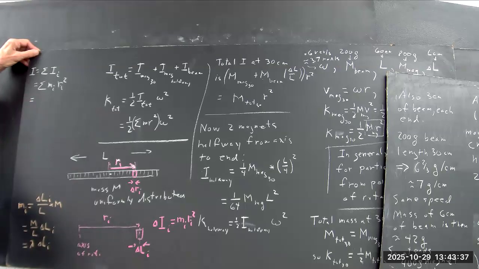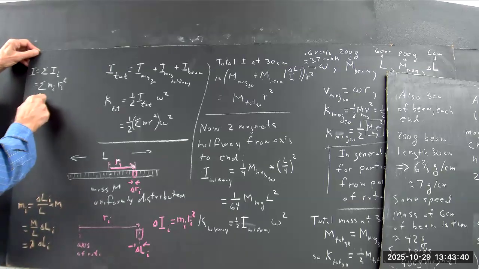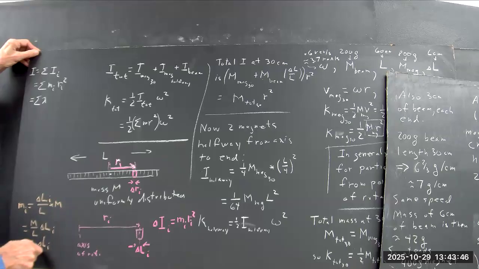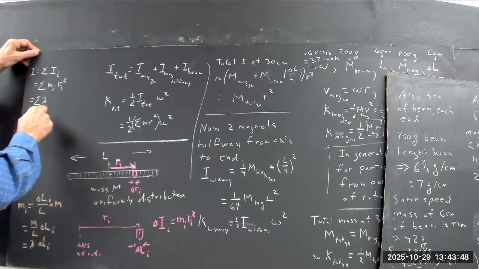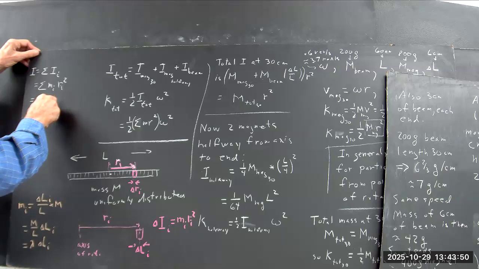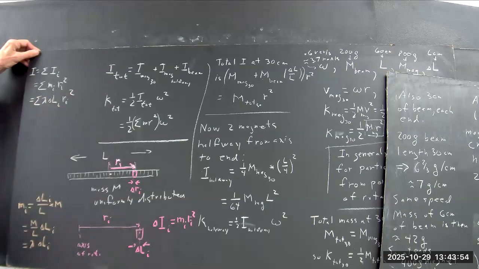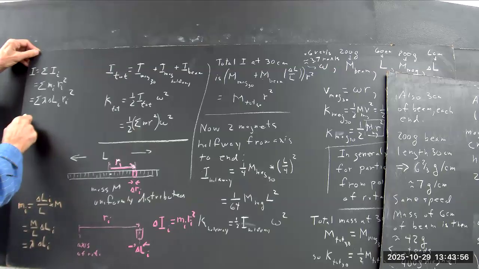Of course, m sub i is lambda delta L sub i, times r sub i squared.